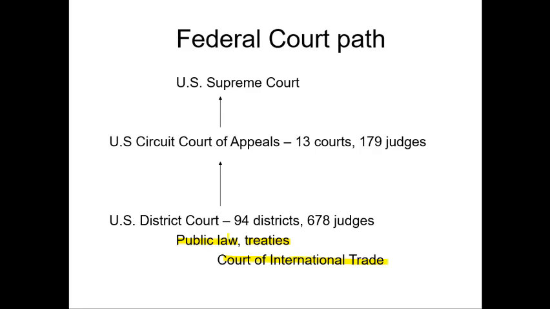And as we saw on that map, we've got 94 federal district courts with 678 judges spread out over those 94 districts. All of these judges are appointed by the president, and they're appointed for life. So the president doesn't have to appoint them every time he's elected. There are a lot of judges that will maintain their job all the way through the next presidency. But whenever one of these judges becomes vacant, then a president will appoint one to fill that vacancy.